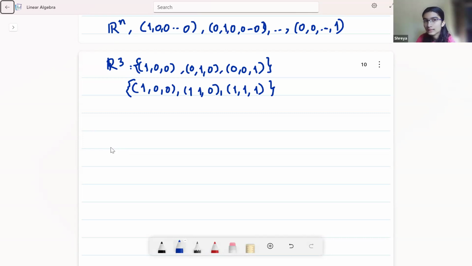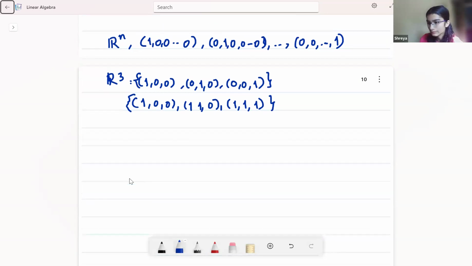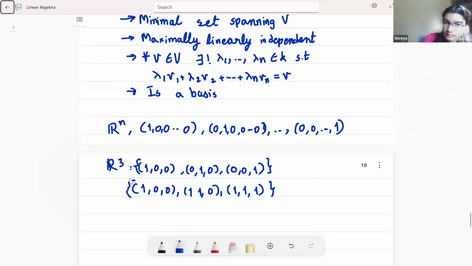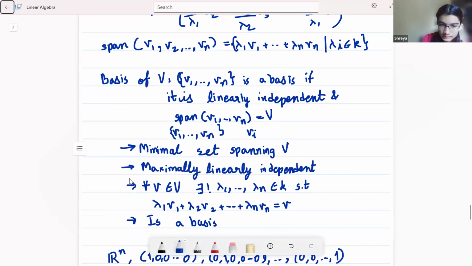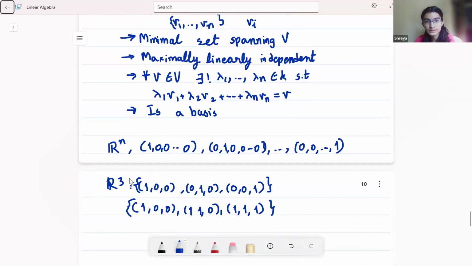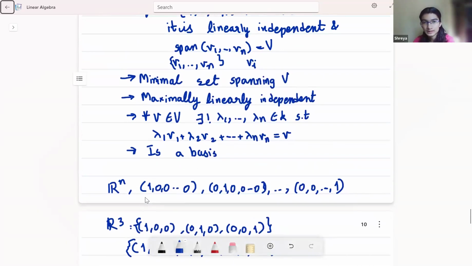For that, we'll need to prove something else, which is key: the cardinality of all the bases is equal. And also something else we will need. But yes, that's generally how a basis looks.